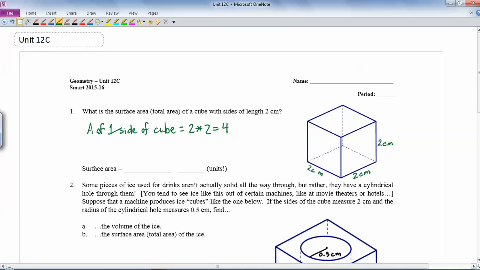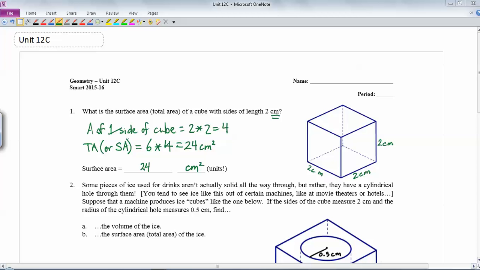And then a cube has 6 faces, so total area, or if you prefer SA for surface area, is going to be 6 faces times 4 per face, so we get 24. Okay, and 24 is the total area. Since the lengths are centimeters, this is going to be centimeters squared for an area. So it's 24 centimeters squared.